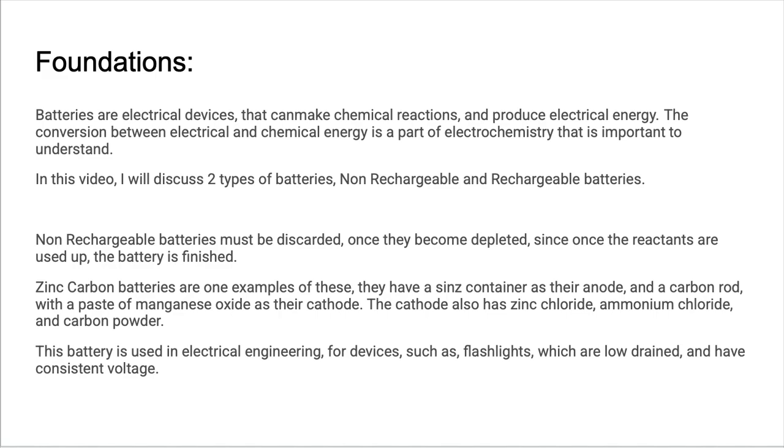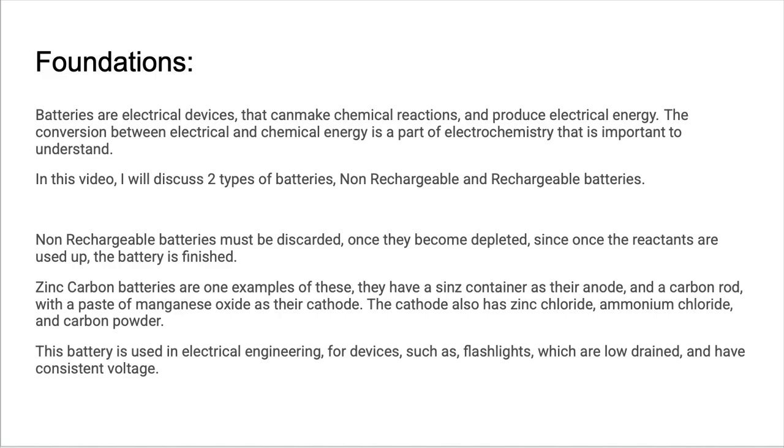Besides the zinc container, they also have a rod of carbon material, and they have a paste of manganese oxide. The cathode also has zinc chloride, ammonium chloride, and carbon powder. This mixture of all these things together is the cathode of this battery.